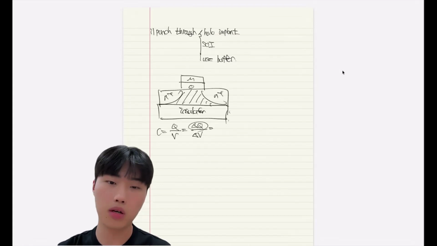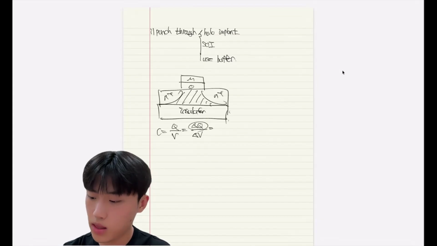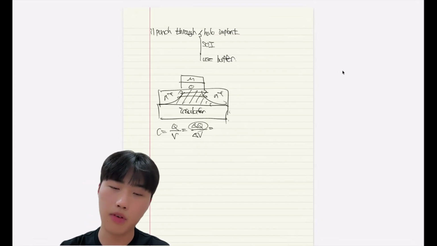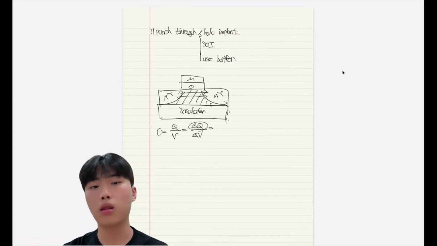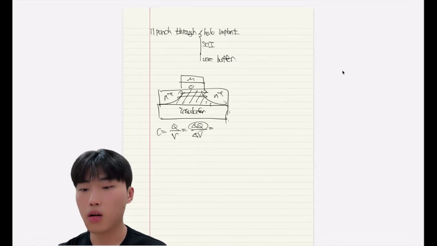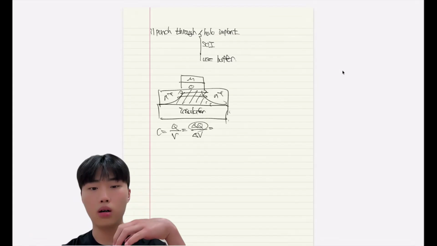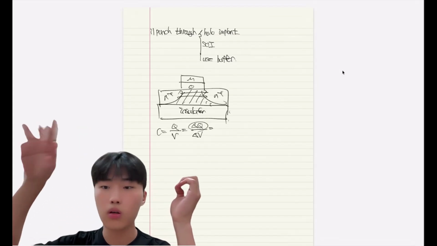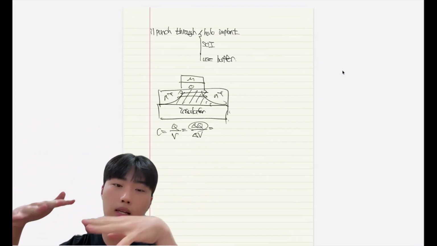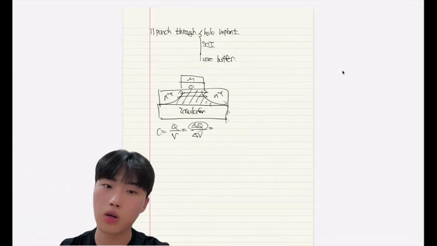And the second problem: when current flows, there will be some heat in the channel side. When we use a normal MOSFET, the heat goes through the silicon, through the body side, so it gets cooler.